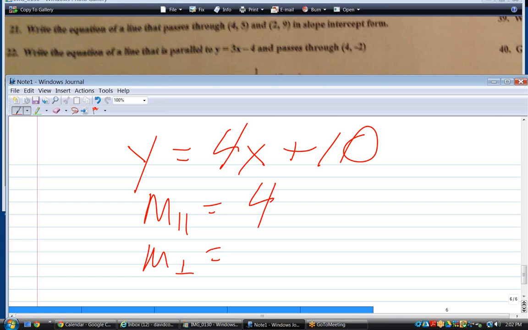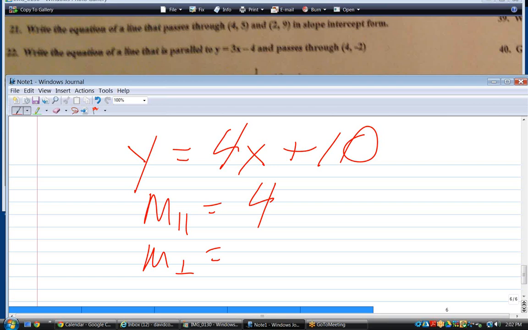Got to do two things. Remember, you don't have to do anything for the parallel line. It's the same. You have to do no processes. For the perpendicular line, you got to do two things. It's the negative flip, or technically the negative reciprocal. But that's harder to remember than the negative flip, the opposite flip.